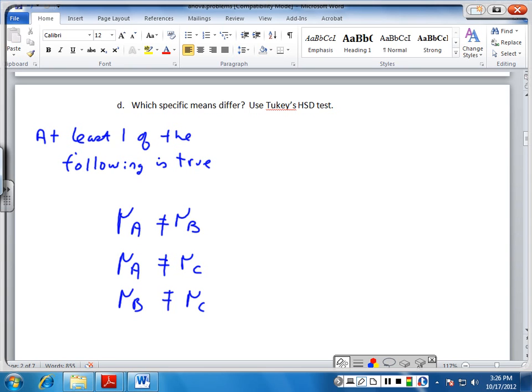Then for each one of these, what I'm going to do is get the corresponding difference between sample means, and I'm just going to get the absolute value of that. So when I'm looking at mu A and mu B, I'm going to get the absolute value of x bar A minus x bar B, and that's equal to the absolute value of 24 minus 27. That's 3.